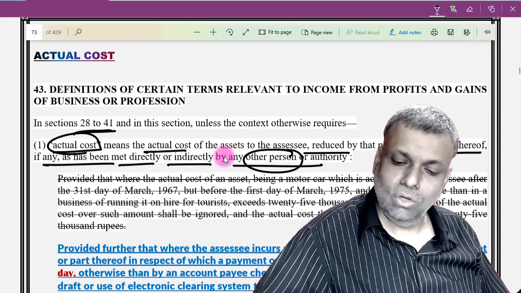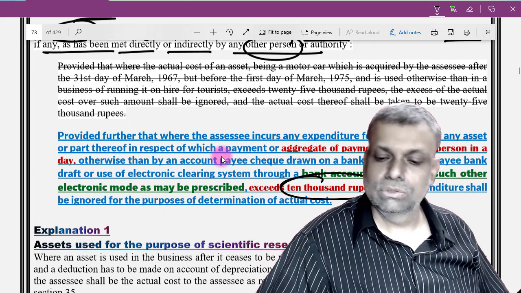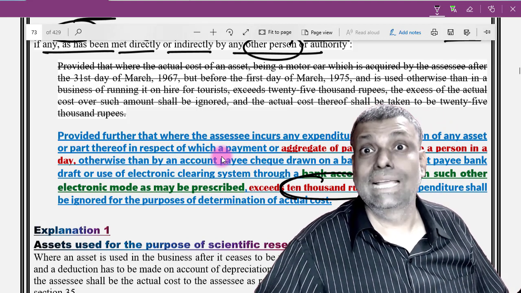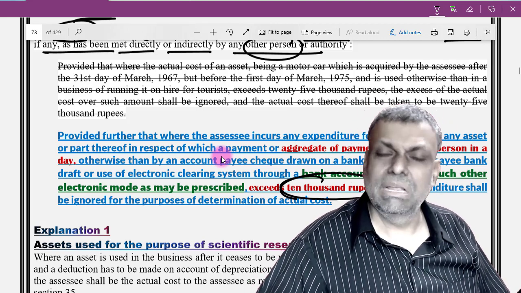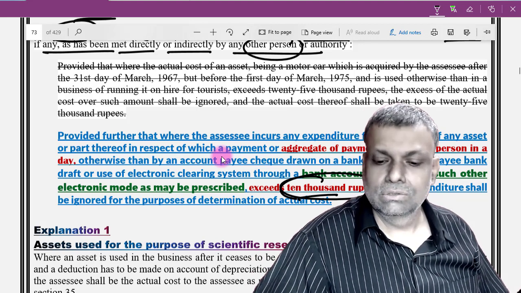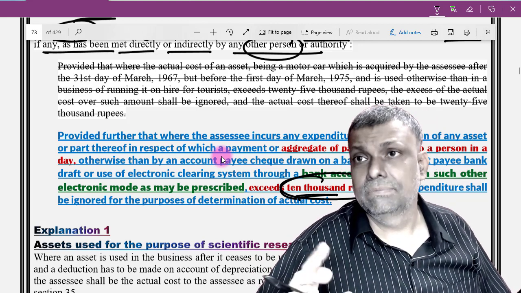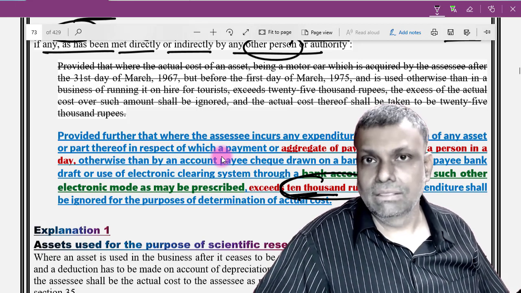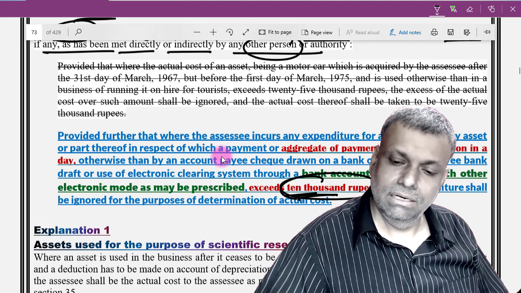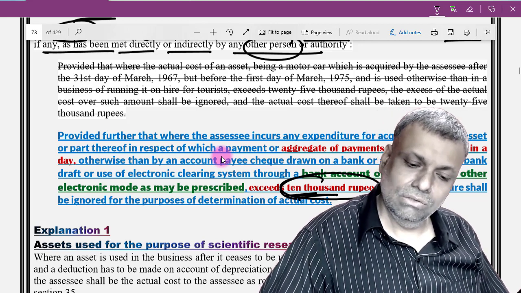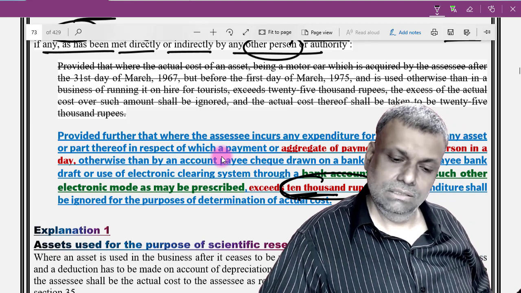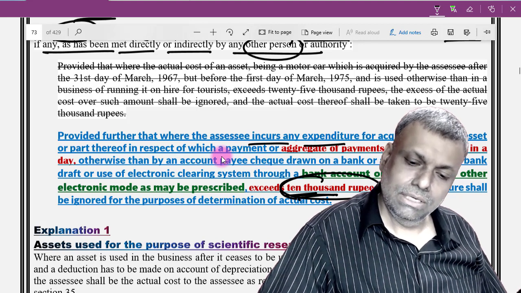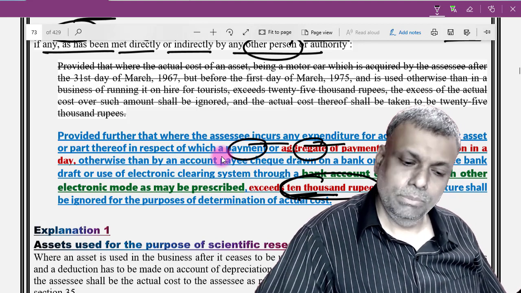And if there is any cost for which you have paid exceeding 10,000 rupees in cash, just like your cash expenditure, this is a cash asset acquisition. So same concept, aggregate per day and kind of situation. There is a 10,000 limit. So if you have paid cash to acquire the asset, and if it is exceeding 10,000 rupees aggregate in a day, that is the expenditure the assessee incurs, payment aggregated to a person in a day.